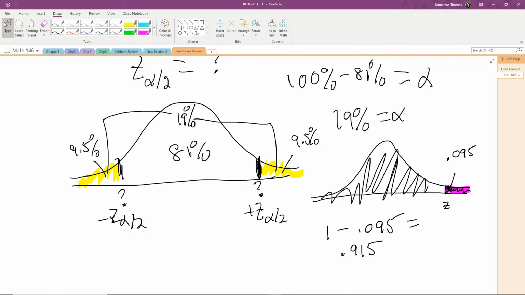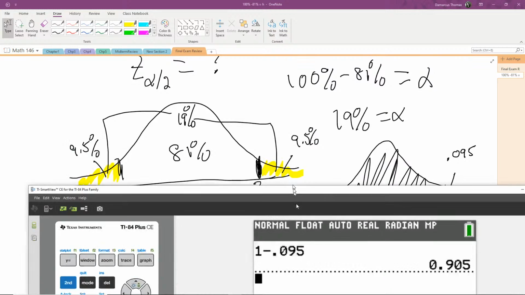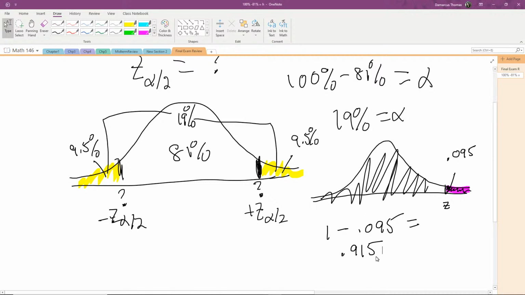Did I just mess that up? Let me double check that. 1 minus 0.095 is 0.905. Okay, no problem. Yeah, it's 90.5 basically.